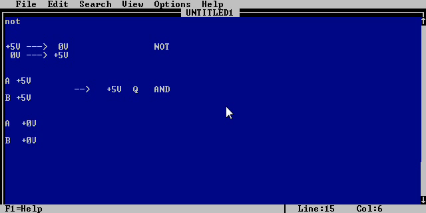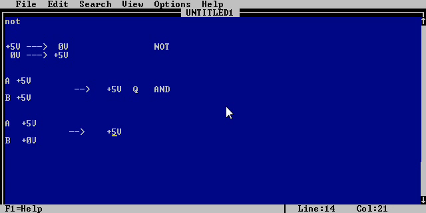If they're both 0, I want the output to be 0. Okay? Now, otherwise, in every other case, I want the output to be 1. So any of these is 5 volts. 5 volts is our representation for 1.